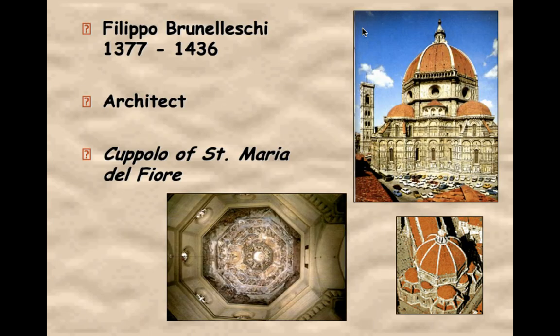Architecture is absolutely stunningly beautiful. Brunelleschi builds this dome that is architecturally a marvel. Still really don't know how he built it. It's made of brick, which brick domes usually don't stand very well.